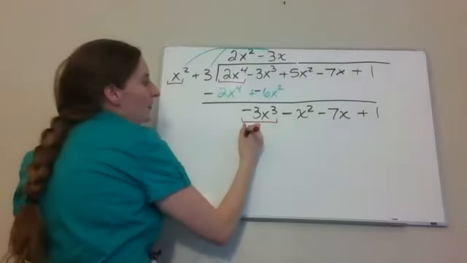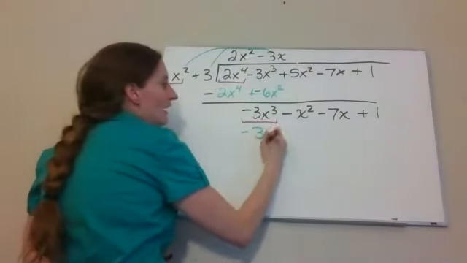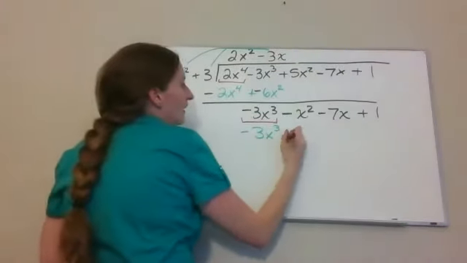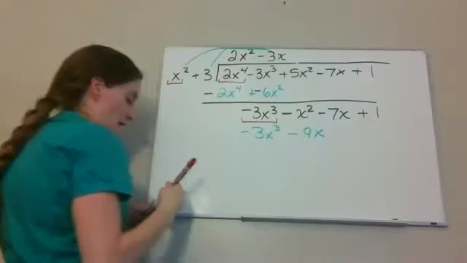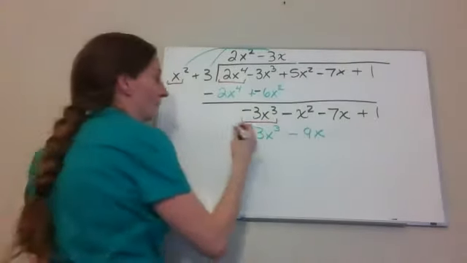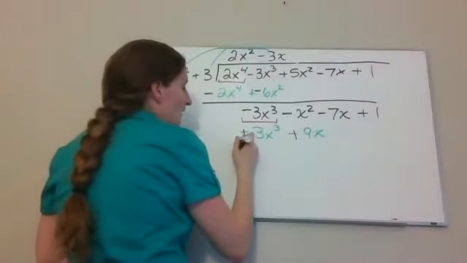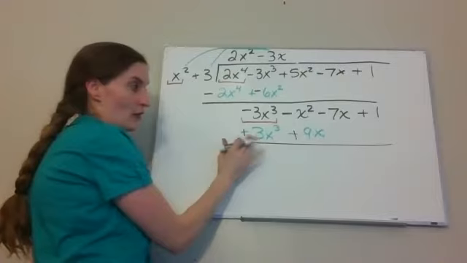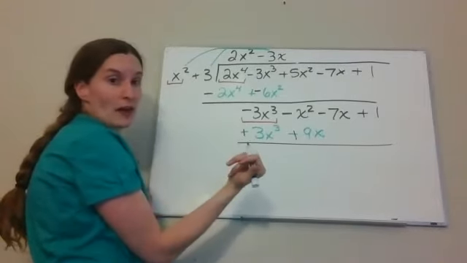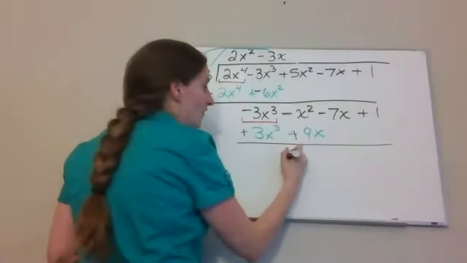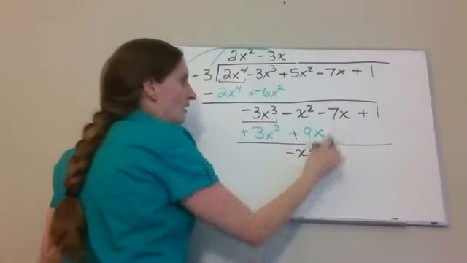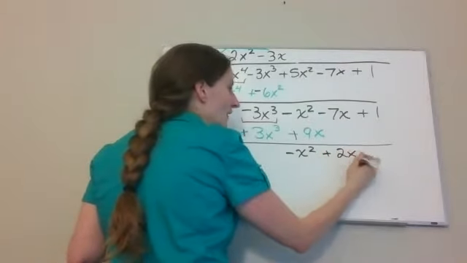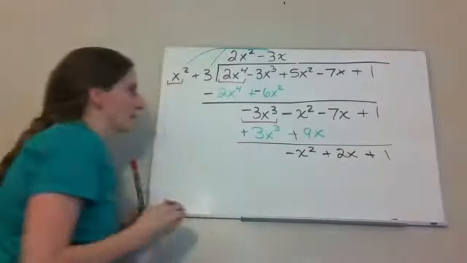Negative 3x times x squared is negative 3x to the third. Negative 3x times 3 is negative 9x. Change all of your signs and add the lines together. The negative 3x to the third and positive 3x to the third subtract away to 0. I still have a negative x squared. My negative 7x plus 9x is positive 2x, and I still have a plus 1.